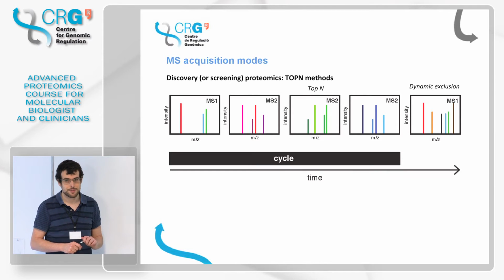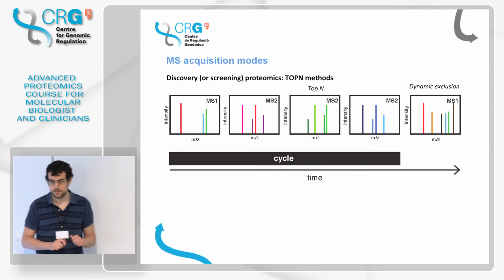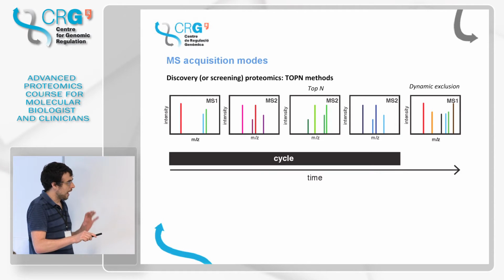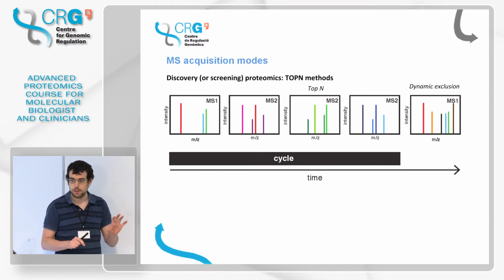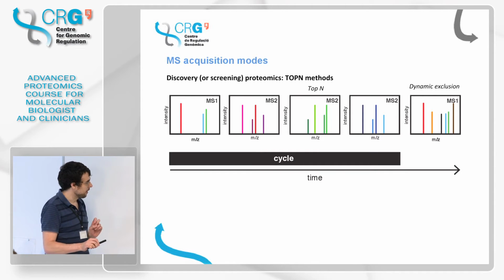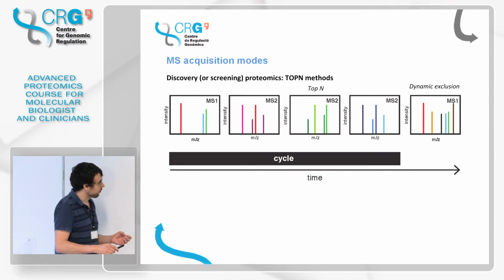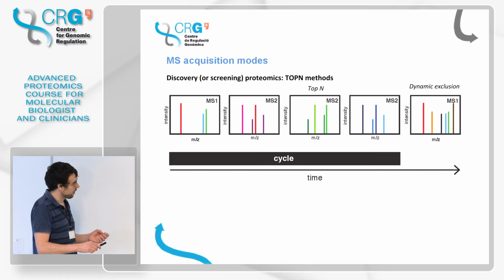Questions here? Okay, so here I'm taking a snapshot of what's going out of my column. I see that there are 3 compounds with different masses and different intensities. But the next question is, what are they? So I have to isolate them. First I isolate the most intense, I fragment, and I get fragment information.